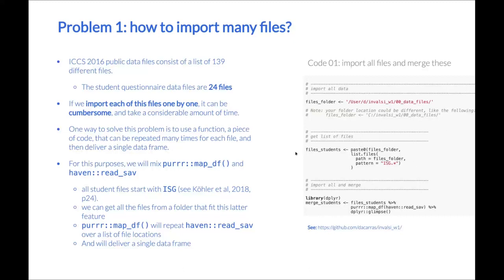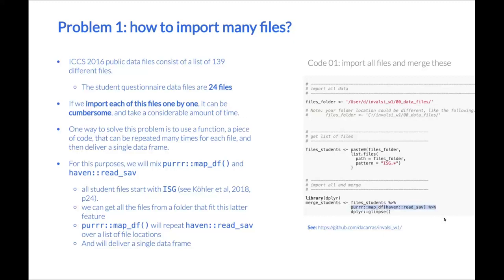Once we have this object, which is just a list of all the locations of these 24 files, what we need is something that can import all of those files one by one, and then give us a single object. This can be done by the following code.